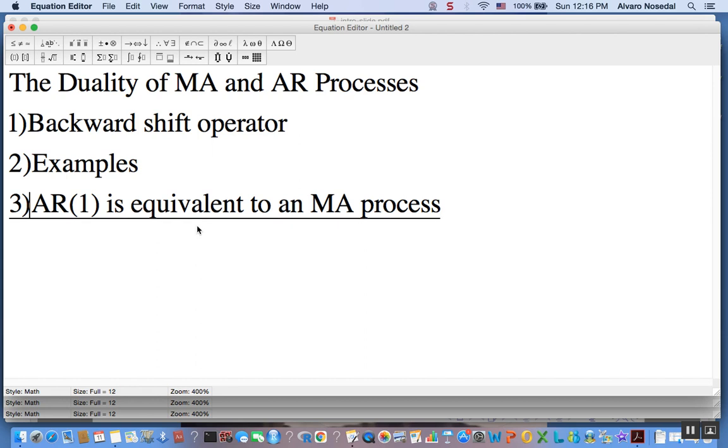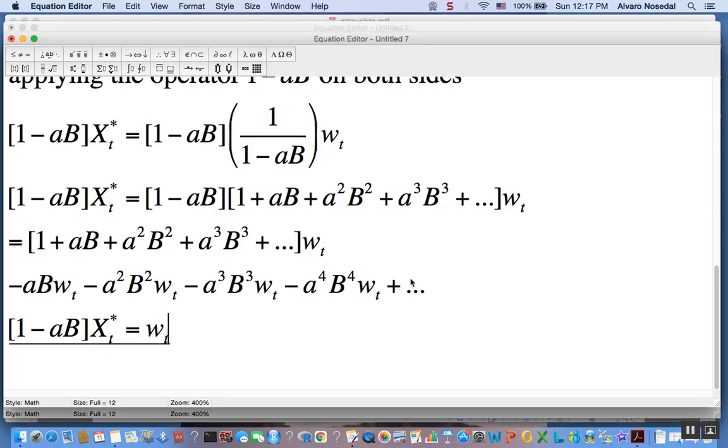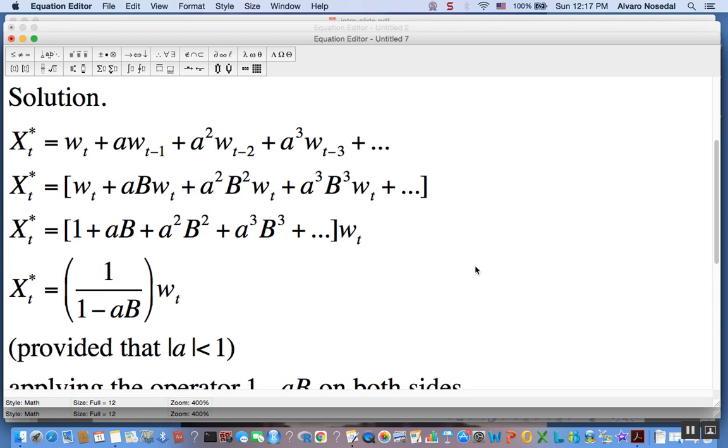And finally, using the backward shift operator and some of the ideas we discussed before, we showed that an autoregressive process of first order is a moving average process. It's a moving average process, an MA infinity, if you will.